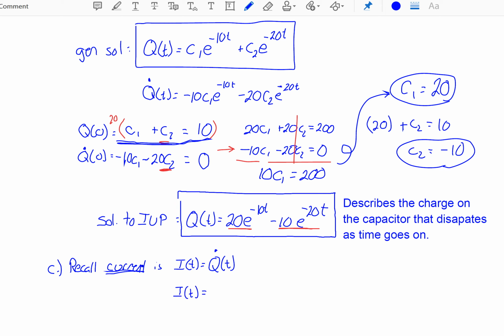Take your derivative of 20 e to the negative 10t, which is going to be negative 200 e to the negative 10t plus 200 e to the negative 20t. And this would be an equation describing the current flowing through your circuit.